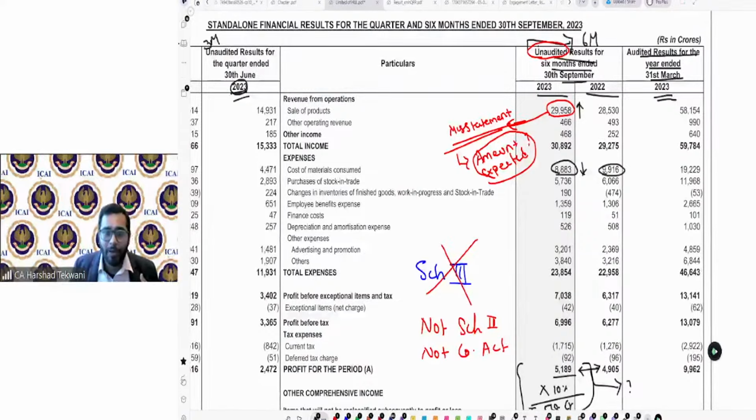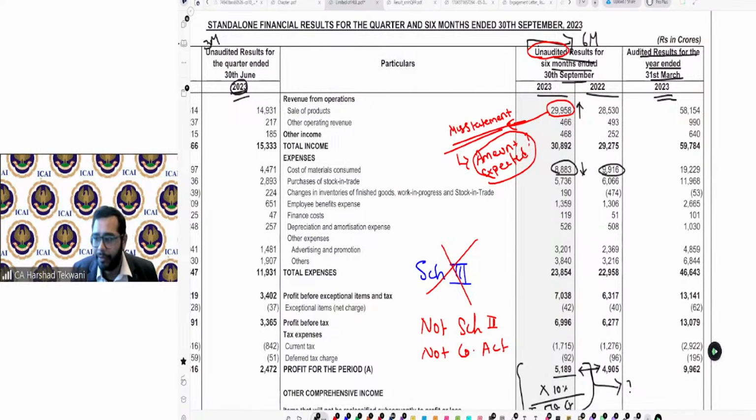You will ask management to rectify, or you yourself will first perform a procedure to ascertain whether a provision is required or not. So you may understand the case. You may perform additional procedures, including some audit procedures also, to understand whether a material misstatement is there or not. Once you identify yes, there is a material misstatement, then you will go and ask management to rectify.